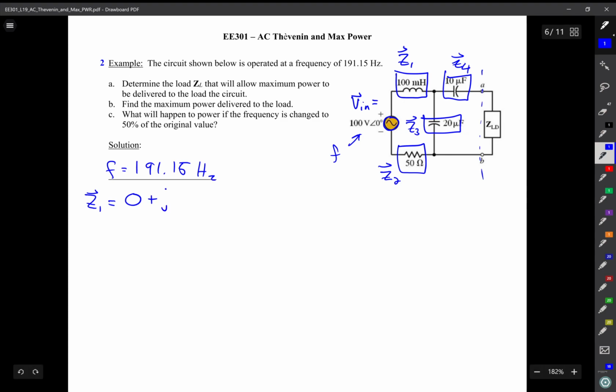I'm going to put my J here, and I'm going to multiply it by omega L. And that's equal to 0 plus J times 2 pi F, where frequency is 191.15 hertz, times 100 times 10 to the minus 3. That's 100 millihenries. And that's equal to 0 plus J 120.1 ohms.